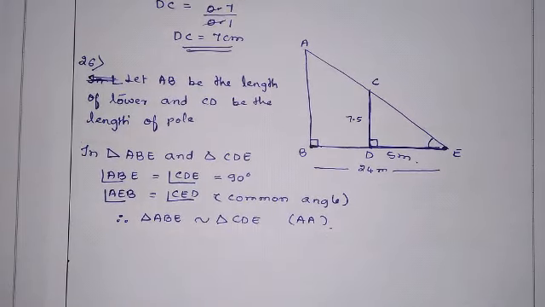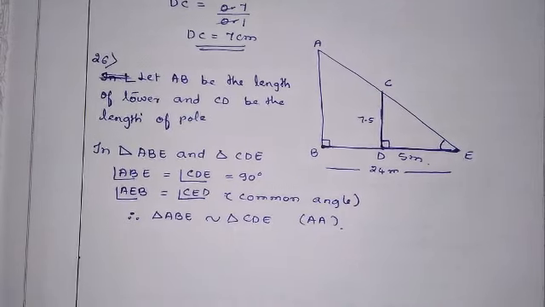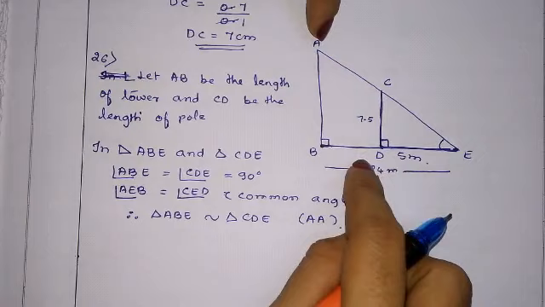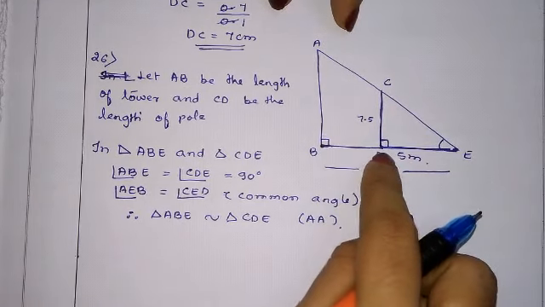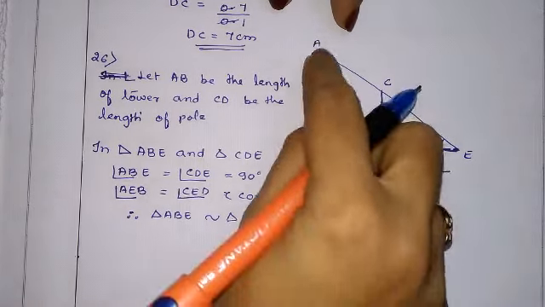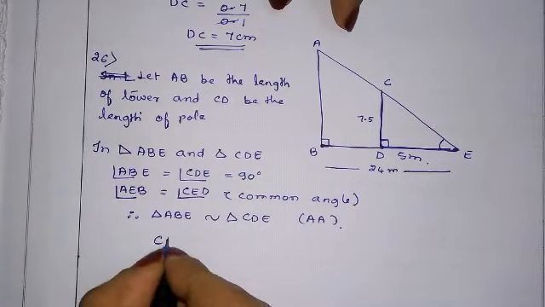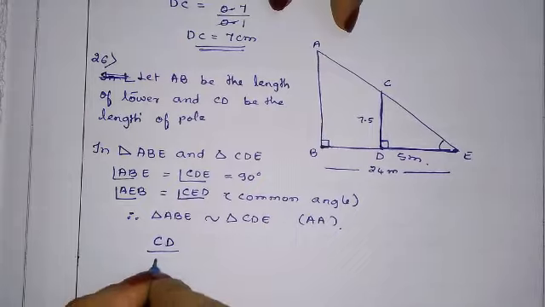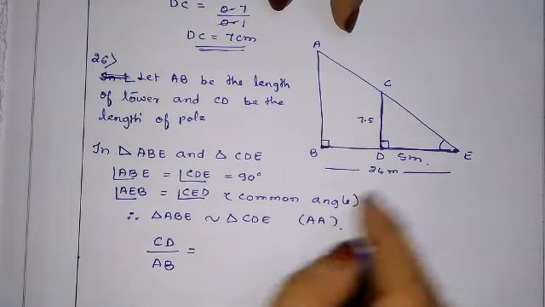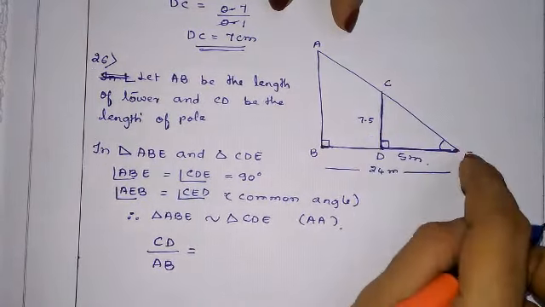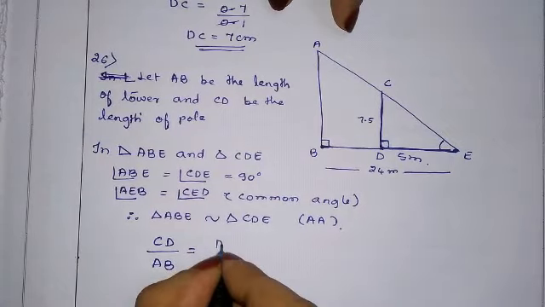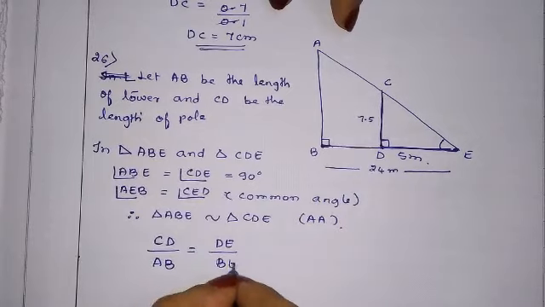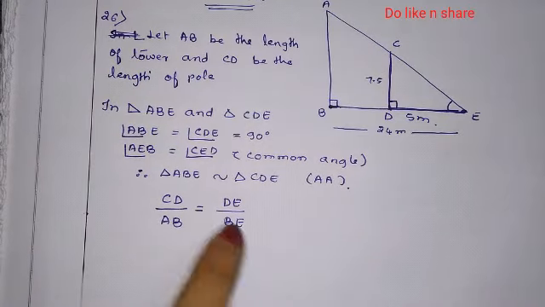Now when the triangles are similar, we know that their corresponding sides are in proportion. So let us write properly: CD by AB, CD is the height of the pole, upon AB is equal to, first CD I have written, so DE by BE. Corresponding sides are in proportion.